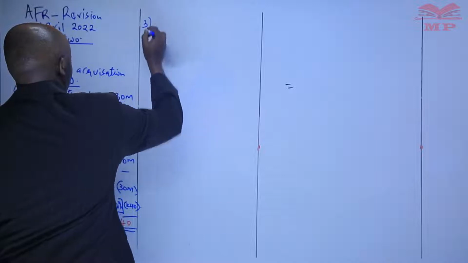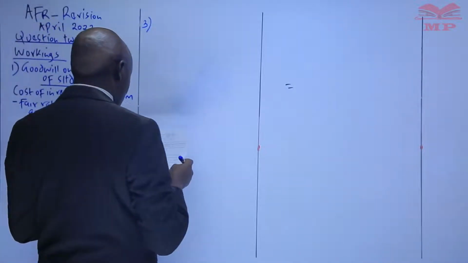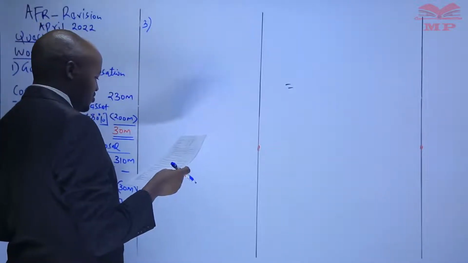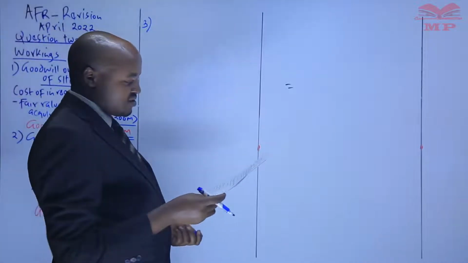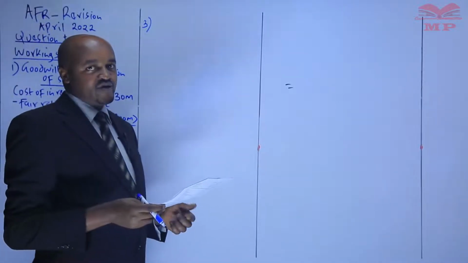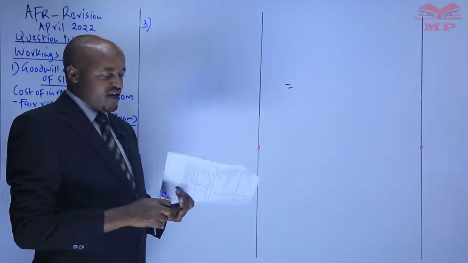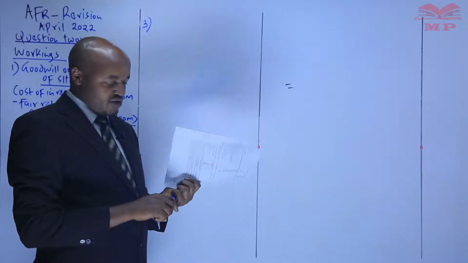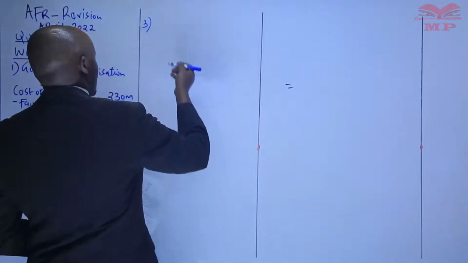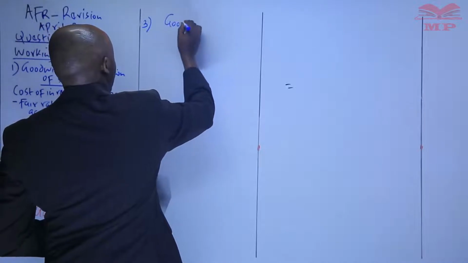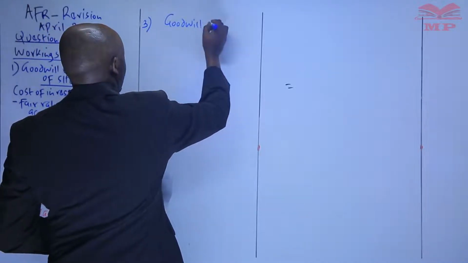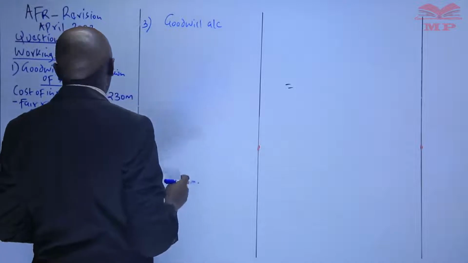So let's have working 3 here. We determine the impairment loss on goodwill. How do we determine that impairment loss on goodwill for the current year? Definitely we do that in terms of preparing the account which is called the Goodwill Account. So let's prepare the Goodwill account.